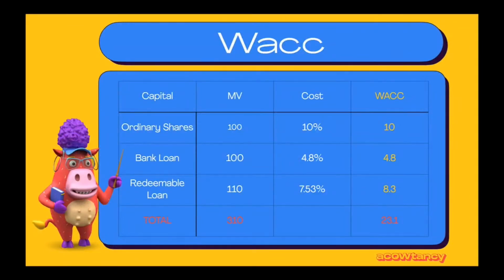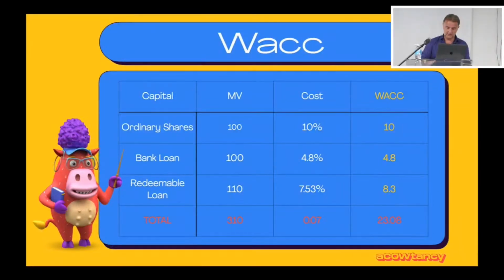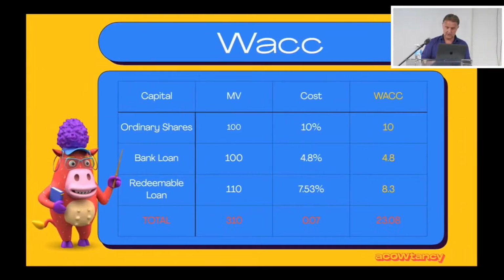So what's the weighted average cost of capital? How would I work that out? I've got 310 at a cost of 23.1. Anybody know? You just divide one by the other, and it should come to 7%. Let me show you how we do that.